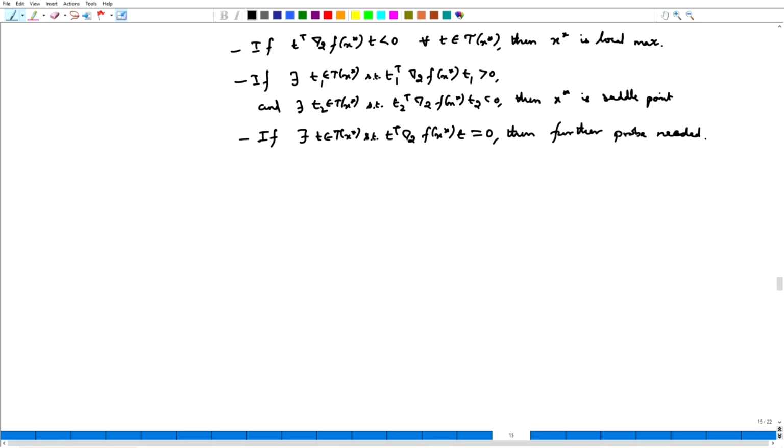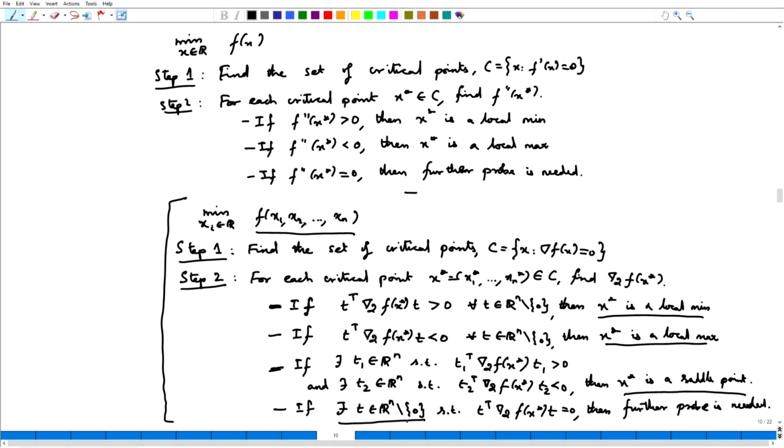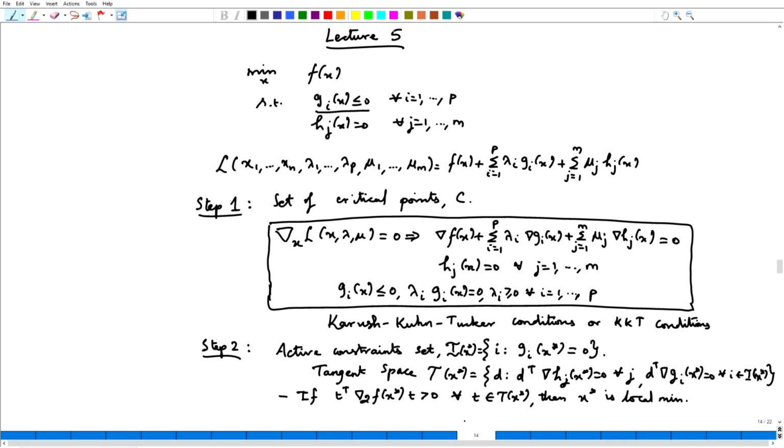At least second order conditions in constrained optimization are quite difficult to verify analytically in practice, but the only thing you need to note is the difference between the conditions for unconstrained optimization and those for constrained optimization.